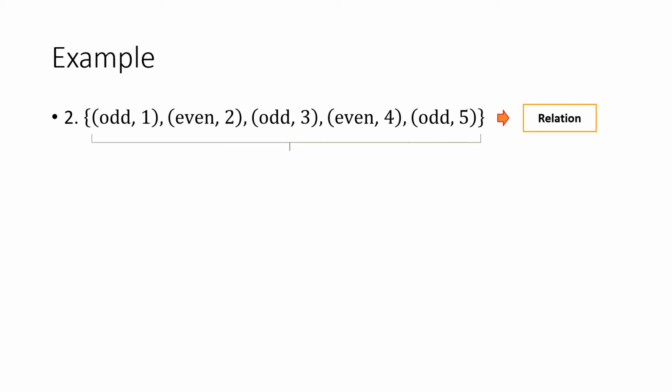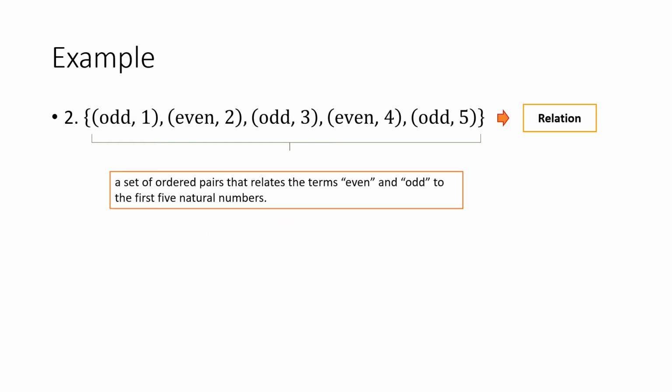This is an example of a set of ordered pairs that relates the terms even and odd to the first 5 natural numbers.